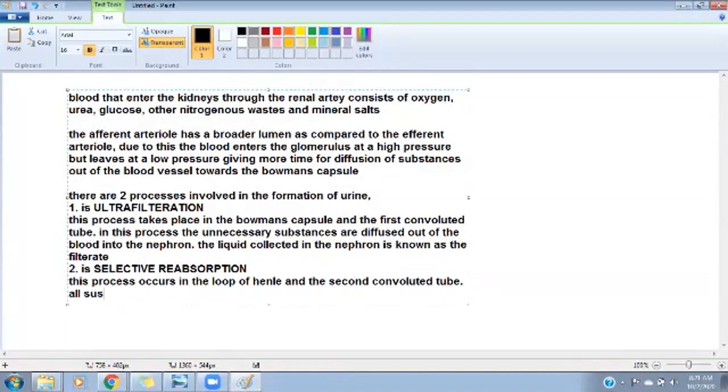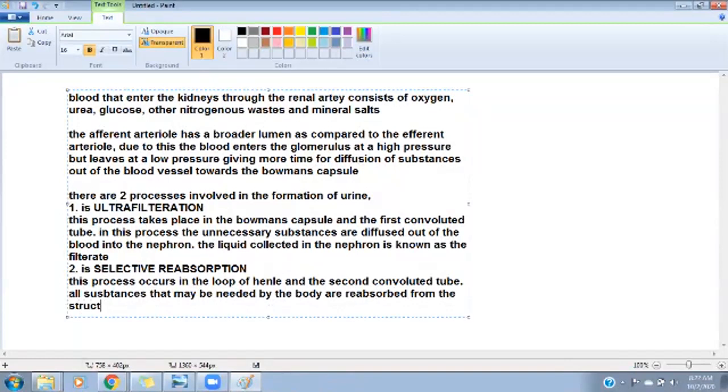All substances that may be needed by the body are reabsorbed from the structure of nephron. कौन सा structure है specifically?